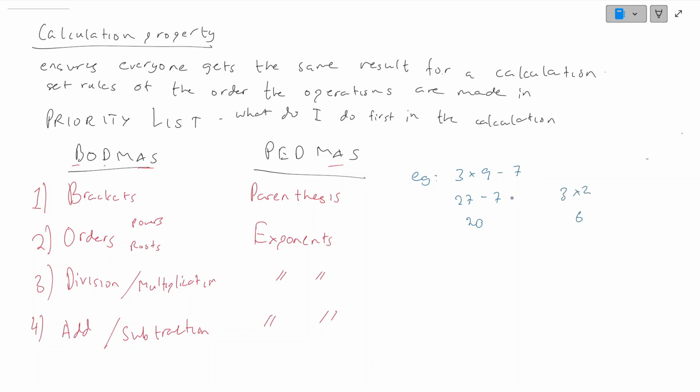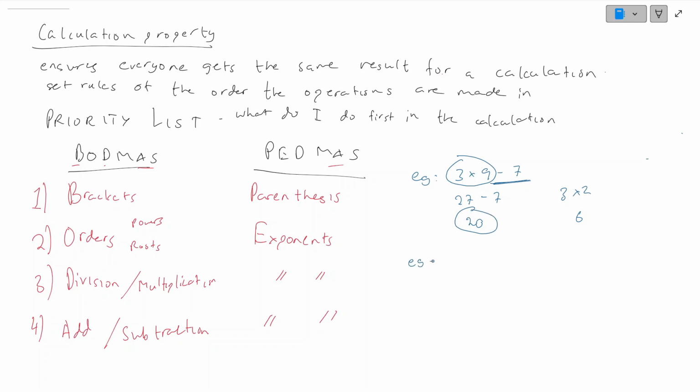So to ensure whoever is doing this calculation gets the same answer, we apply this priority list. In our priority list, division and multiplication come before addition and subtraction. Therefore, we have to do the multiplication before the subtraction, and this is the correct answer for this calculation.